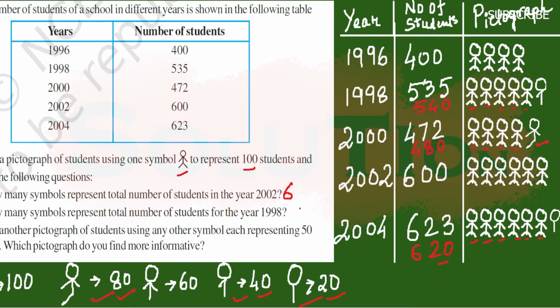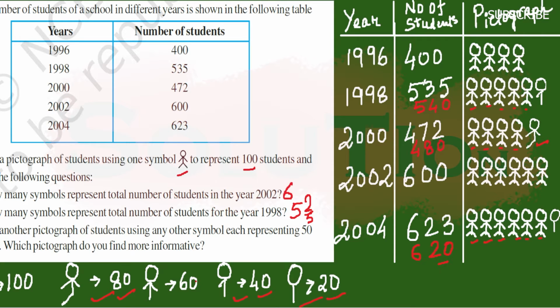So I can write it as 5 here. 5 complete body figures I have taken, and then to represent the 2 portion of the body part we can write 2 by 5. I hope it is clear how I have written 2 by 5, because I have taken 2 parts out of 5 parts.